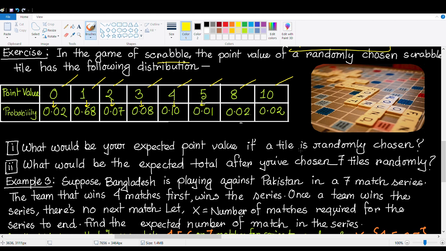Okay, so the question is, what would be your expected point value if a tile is randomly chosen? So if you choose a tile randomly, what would be your expectation? And the next question is, what would be the expected total after you have chosen 7 tiles randomly? I think you can solve it.